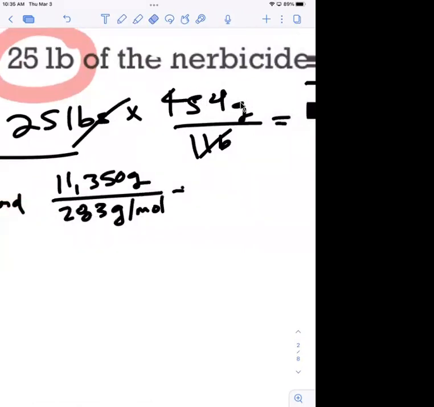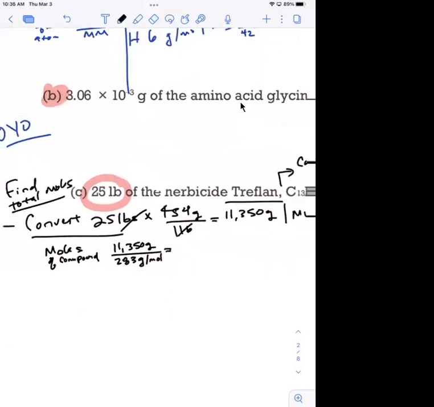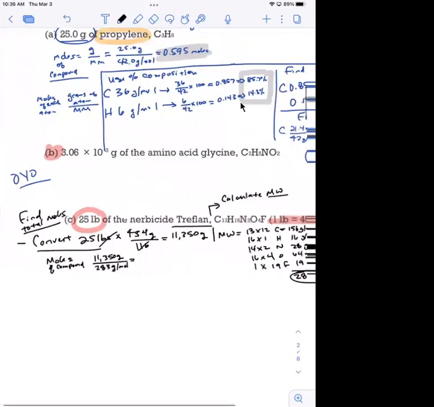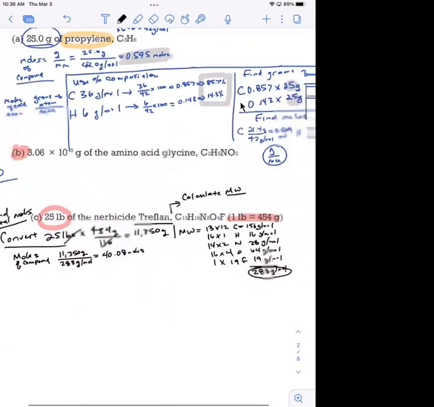I got 40.08. But I also used 283.13. So you took the actual numbers from the periodic table and didn't round up. That's fine. As long as you have it, we're good. That's the right number of moles.